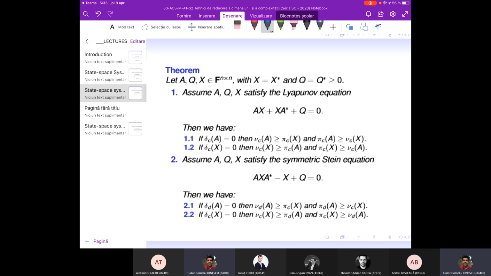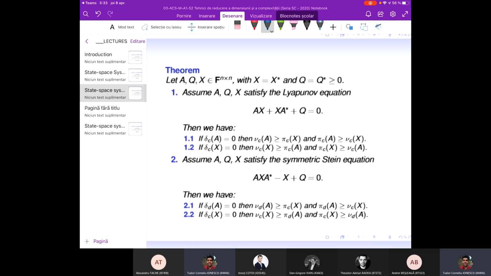A similar type of result holds for the discrete case, and for the symmetric Stein equations.